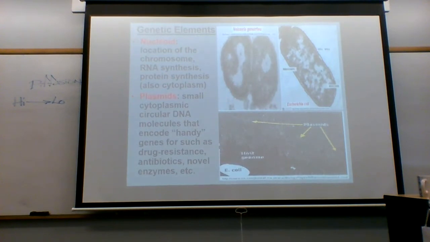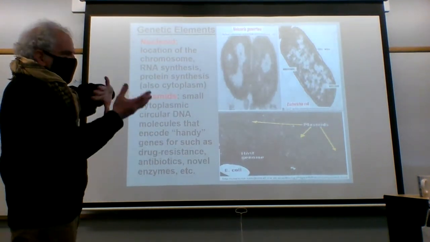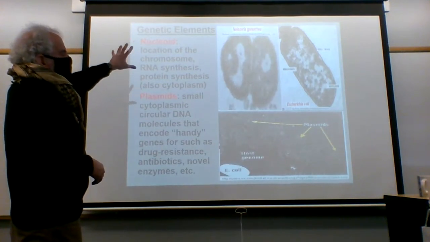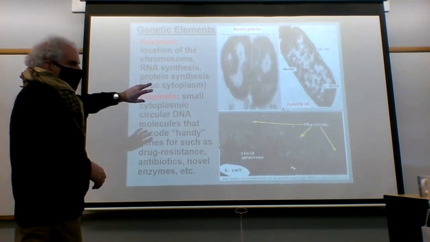The chromosome is the site where RNA is being synthesized, and in prokaryotes, it's also where protein synthesis is occurring. It also can occur in the cytoplasm. When we start talking about genetics, we can see the difference between the two. The nucleoid is the chromosome, which is a circular piece, but it's really very big.